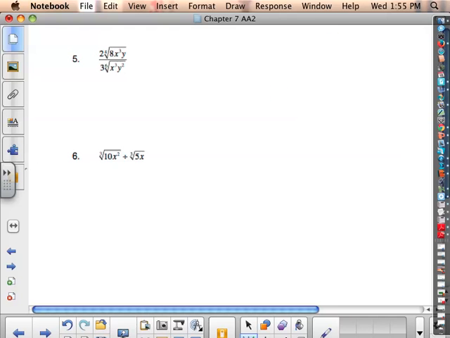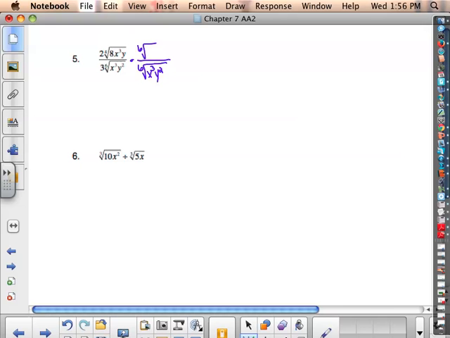Taking a look at number 5, it looks like the fourth root and the sixth root. So I'm going to multiply. You don't have to worry about the 3. That's not under the radical, so you don't have to include that. The sixth root of x to the third y squared.